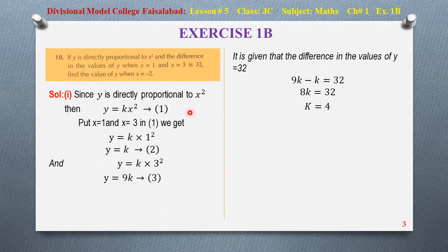Because we are not asked to find an equation connecting x and y, we will straight away put this value of k and the given value of x in equation number 1 to find the value of y. y is equal to 4 into minus 2 square. Minus 2 square is 4 and y is equal to 16. So the answer of this question is 16.